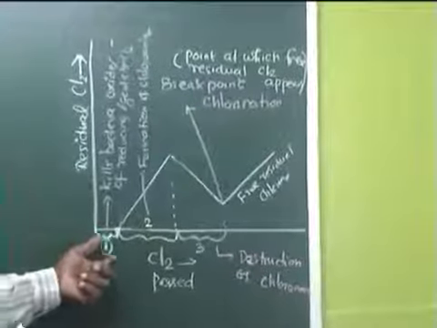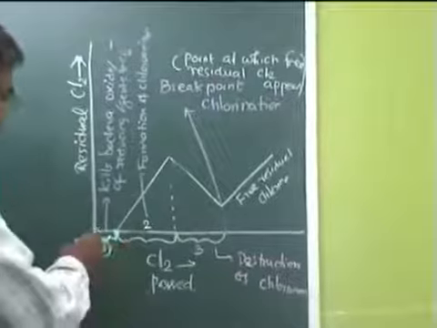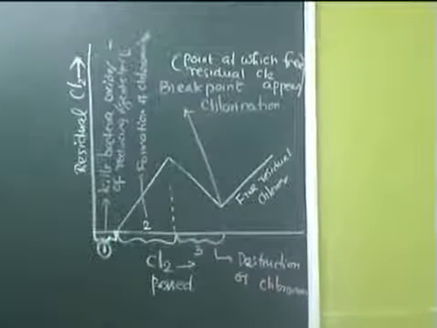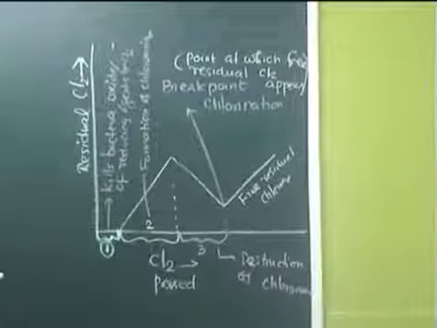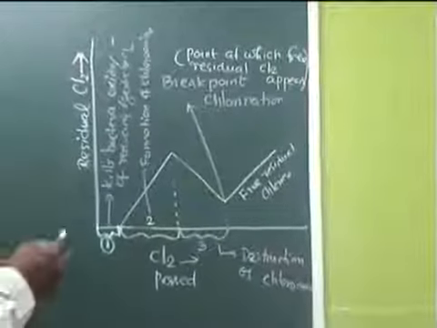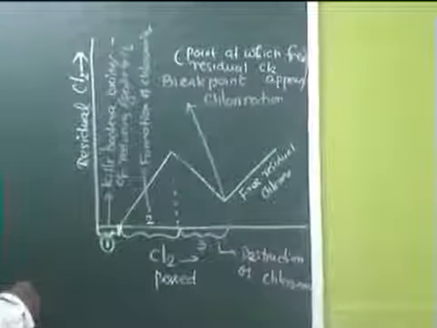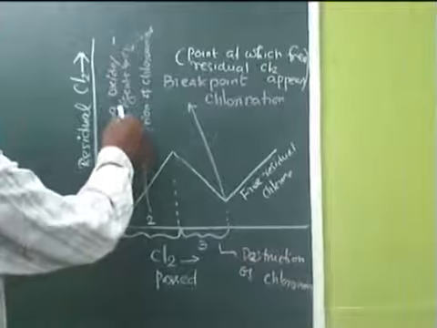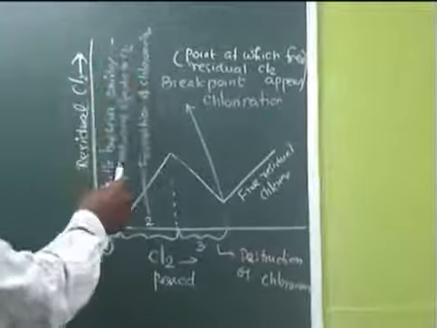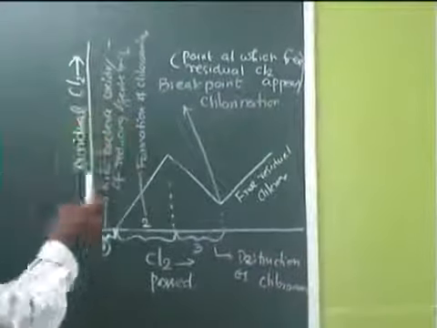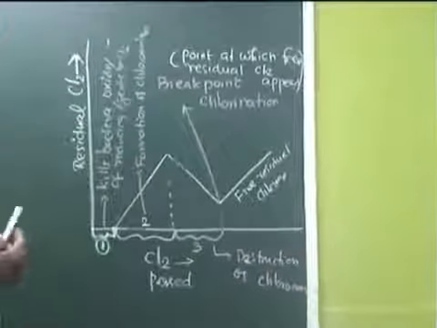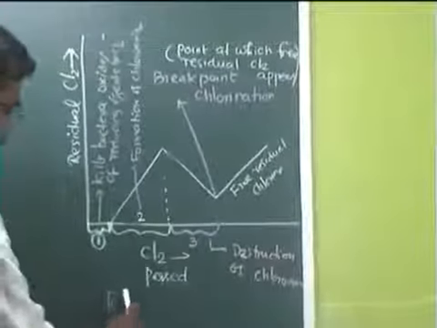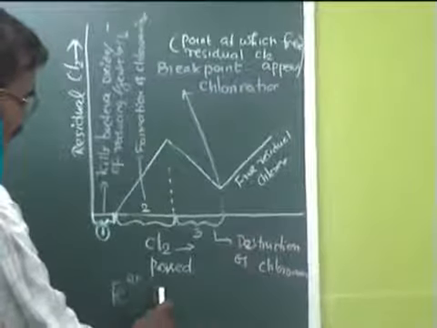Initially, when you are passing chlorine, no residual chlorine appears. That means the chlorine which we pass is completely utilized for killing the bacteria and for the oxidation of reducing agents like Fe2+ and hydrogen sulfide.